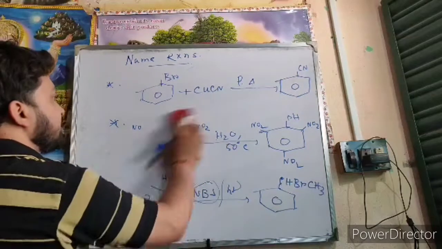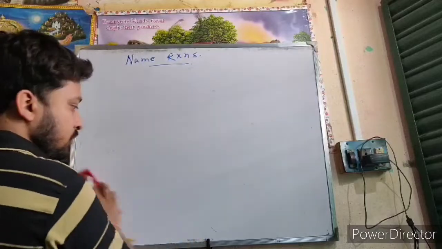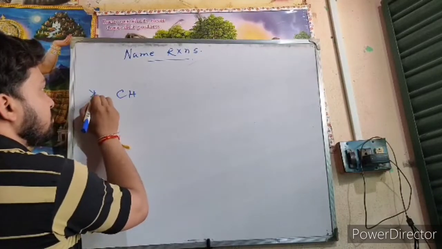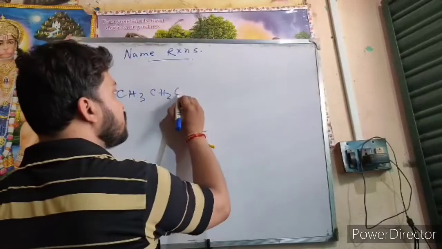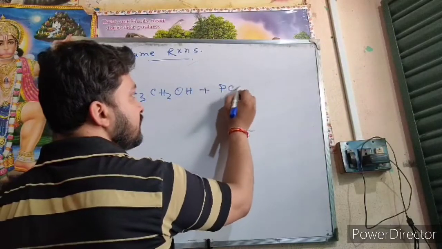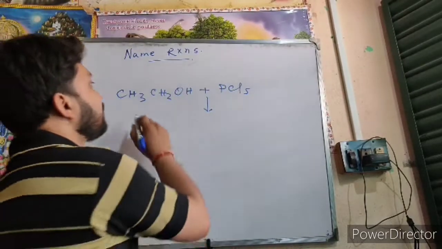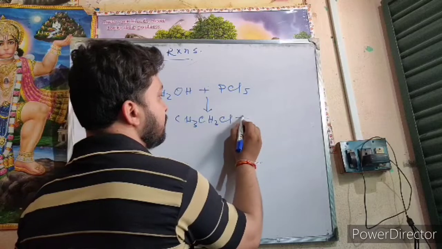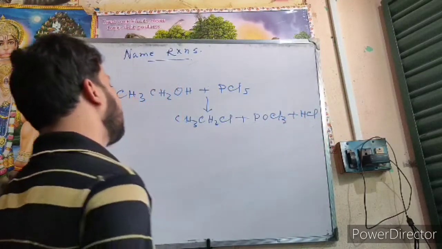Now the next reaction is CH3CH2OH. This is also important. If it reacts with PCl5, you get the product CH3CH2Cl plus POCl3 plus HCl.